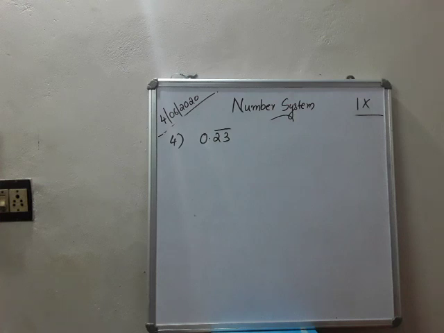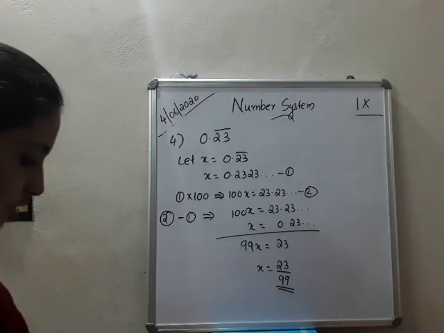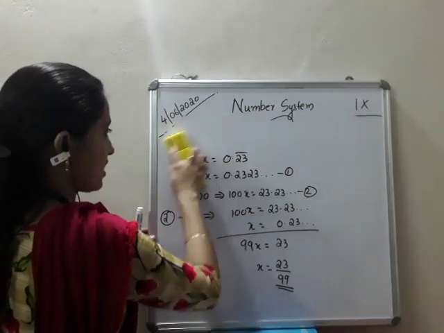Please subtract. What will be the answer? Yes, x is equal to 23/99. Hope it is clear for you. So we will move to the next question. Yes, please write down.